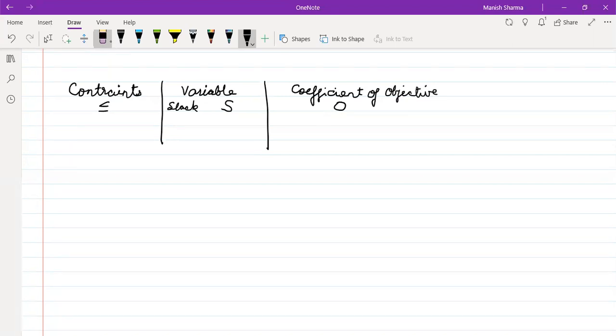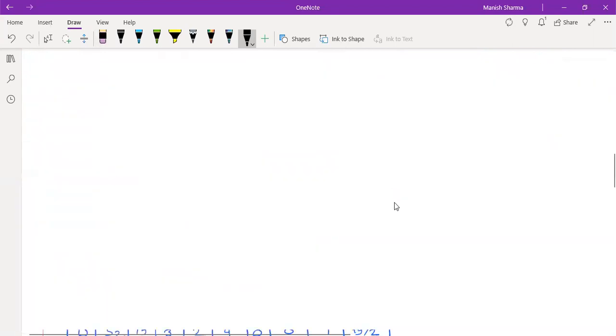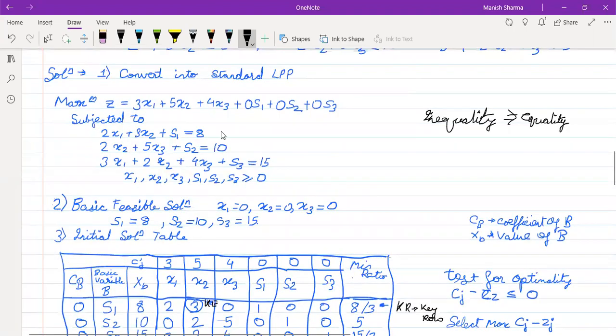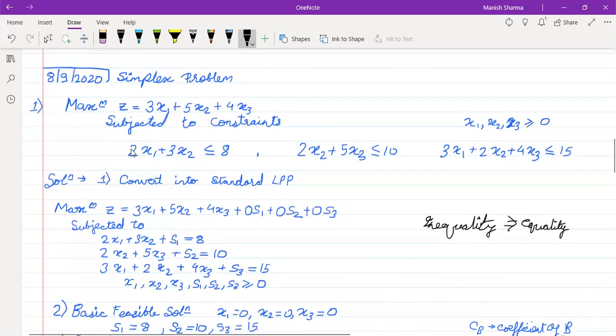If you remember, in the last class we solved this problem. While converting it into standard LPP, we converted 2x1 plus 3x2 less than equal to 8 as 2x1 plus 3x2 plus s1 equal to 8. So we added a slack variable converting inequality into equality, isn't it?